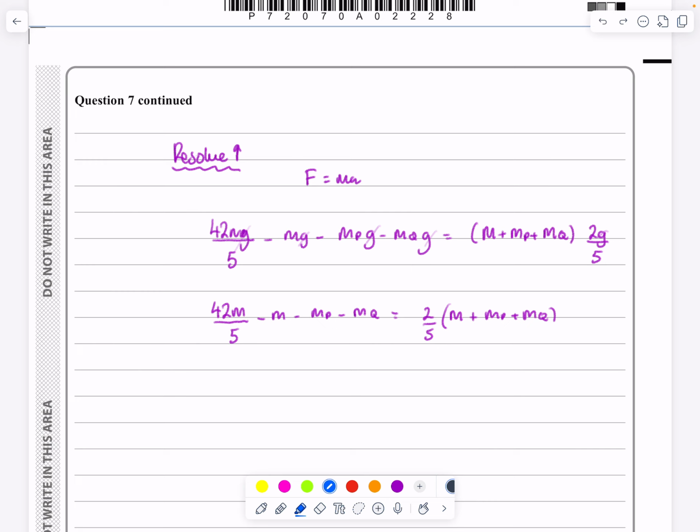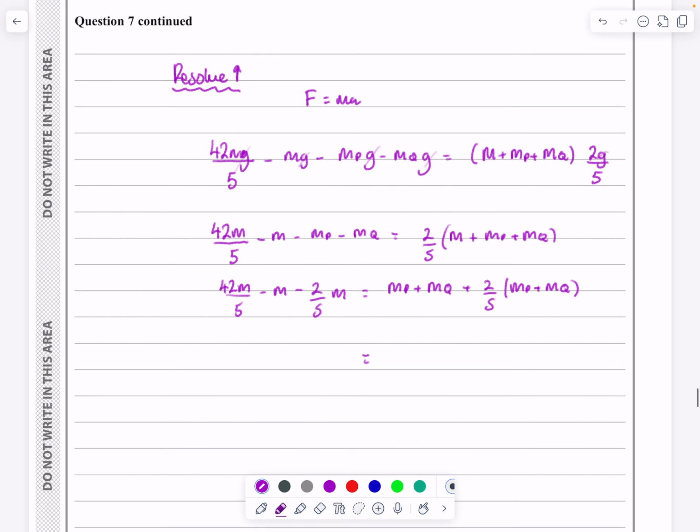So I'm going to get 42m/5 minus m minus 2/5 m is going to be equal to, on the other side, mp plus mq plus 2/5 of mp plus mq. So we're nearly where we want now.